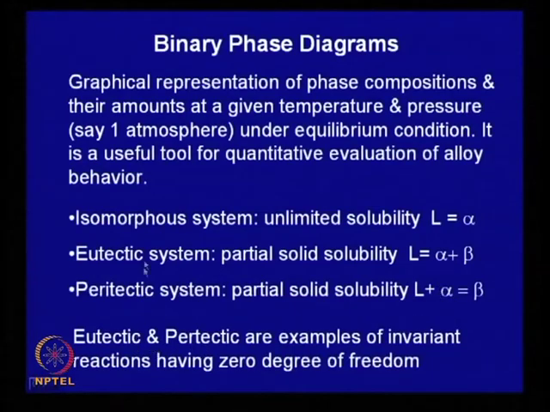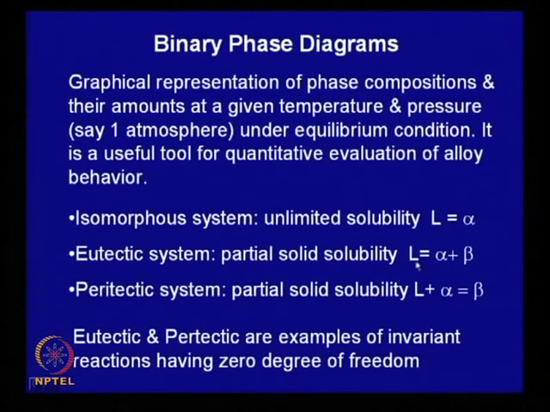Now, these two cases, eutectic and peritectic, are examples of invariant reactions. In fact, at 1 atmosphere pressure, if three phases are coexisting in a binary system, that means a system where the number of components is 2, then if you apply the Gibbs phase rule, you will find that the degree of freedom is 0.